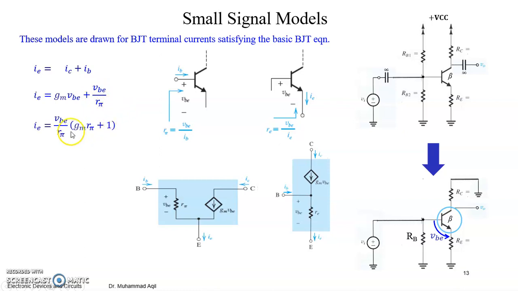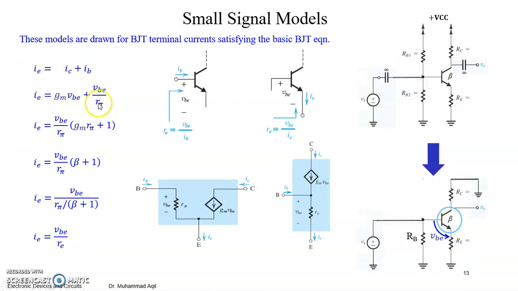If we take VBE by R pi common, we come up with GM R pi plus 1, and this GM R pi is nothing but beta. So VBE by R pi into beta plus 1. And what is R pi by beta plus 1? You can write it down as this R pi by beta plus 1, it's nothing but RE. So IE is the same, right?